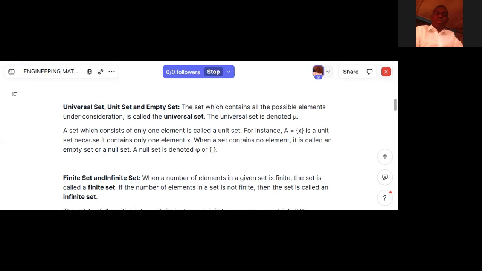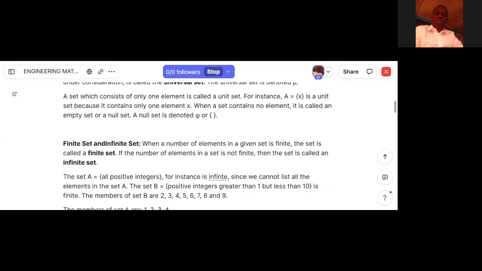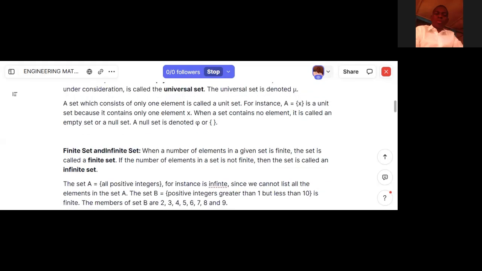Now, talking about unit set now, a set that contains only one element is called a unit set, okay? Because it contains just one element. Now, if A contains element X, we say that A is a unit set because it has only one element, a small x.